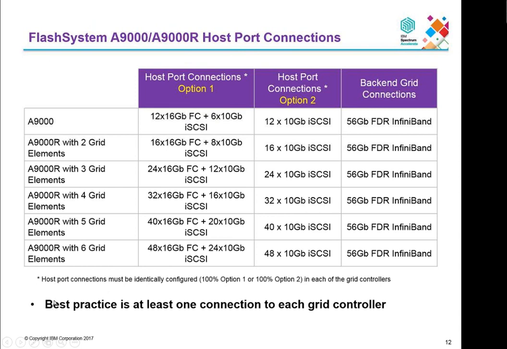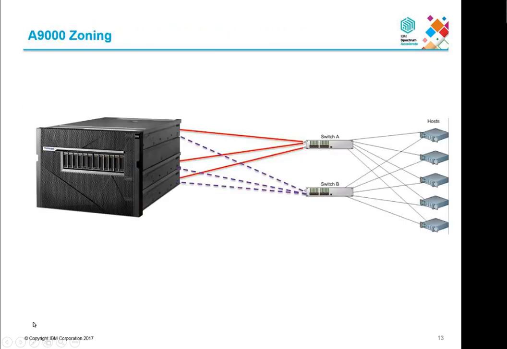And again, just to hit on the point, the best practice is to have at least one connection to each grid controller, and I'll show you that in a little bit. So moving to zoning, for the pod or the A9000, it's pretty simple. I'm going to assume a dual-ported host, and I'm going to assume 6 paths.